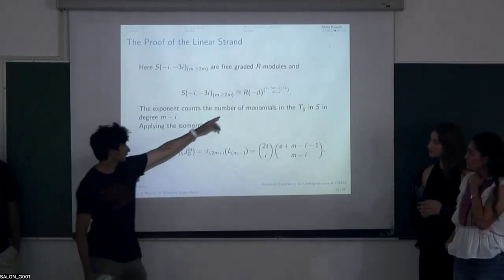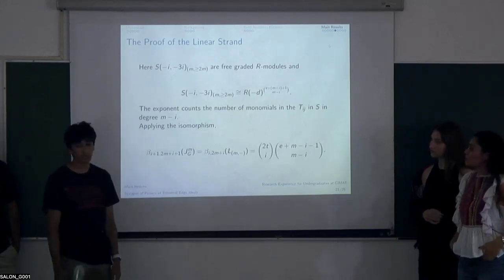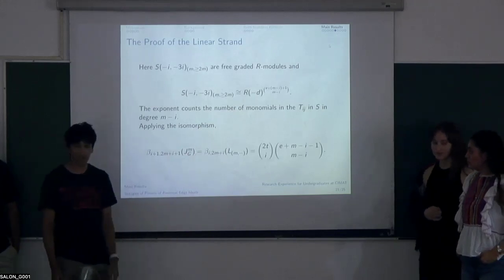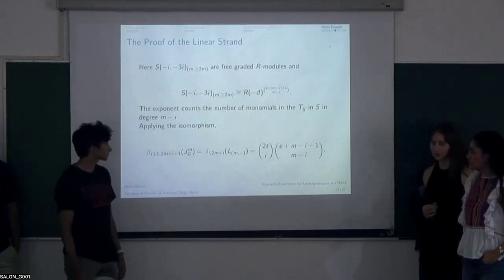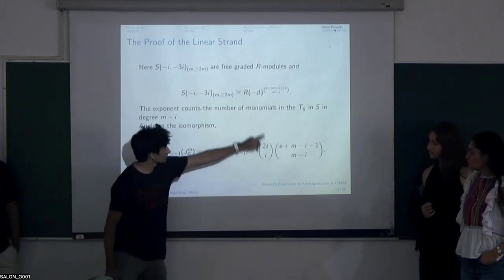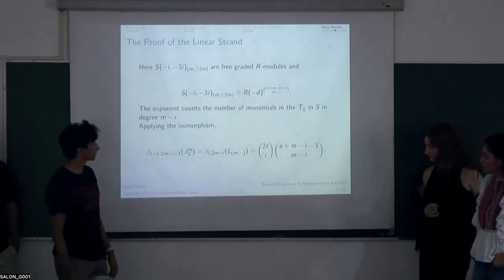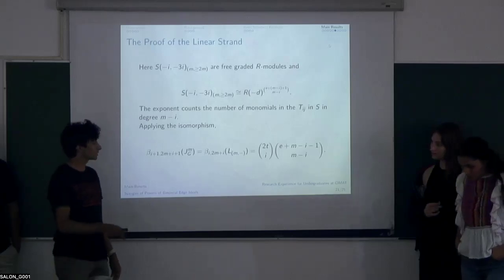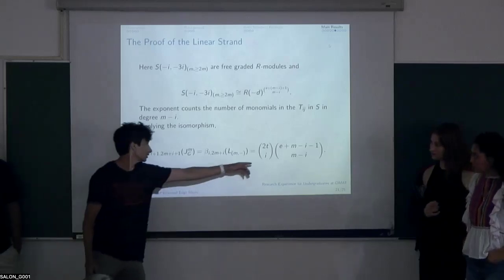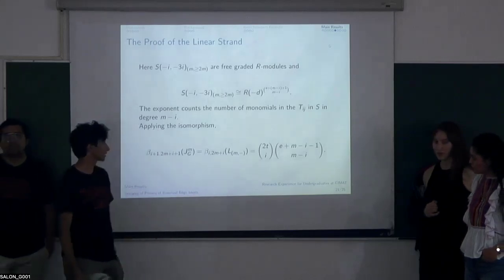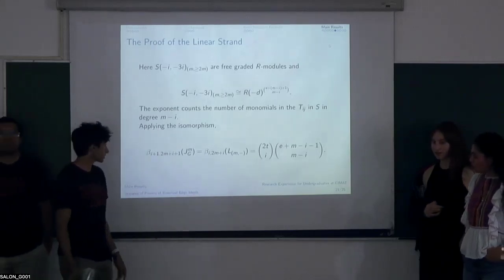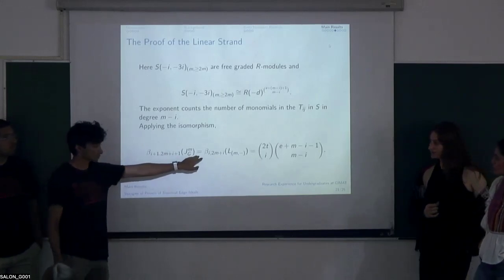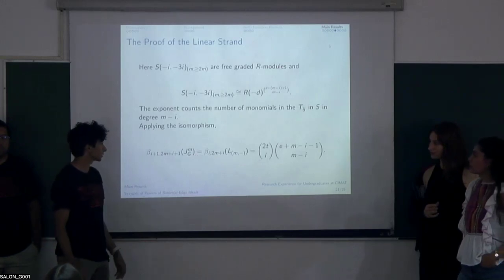And this exponent tells us how many leading monomials in the Tij there are of a certain degree. Multiplying the exponent we get here with the exponent of the S in the corresponding place in the free resolution, you get this formula for the Betti numbers of LM dash. And then by the isomorphism, we've proven this equality also holds for the Betti numbers.